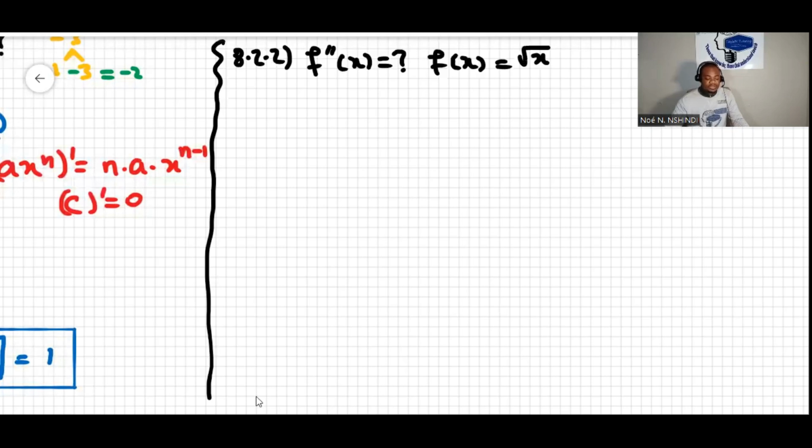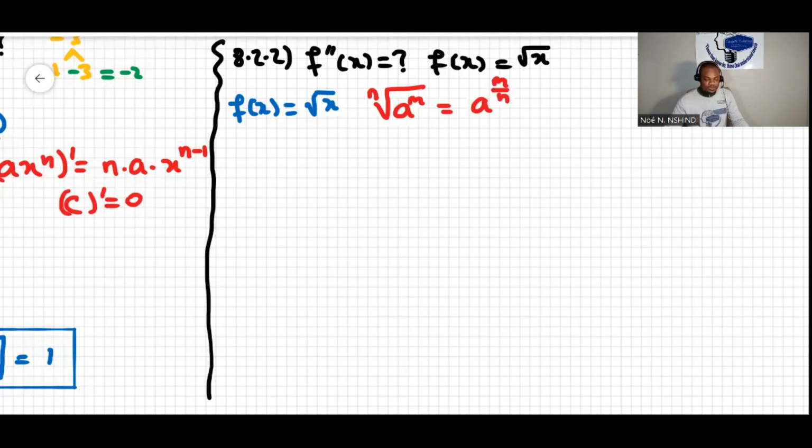Now the best way of solving this, instead of writing f of x is equal to the square root of x, is to write this in exponential form. We know that the nth root of a to the m is equal to a to the m over n.